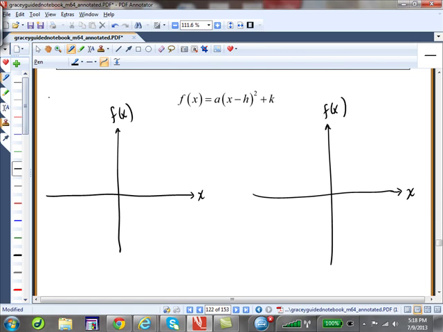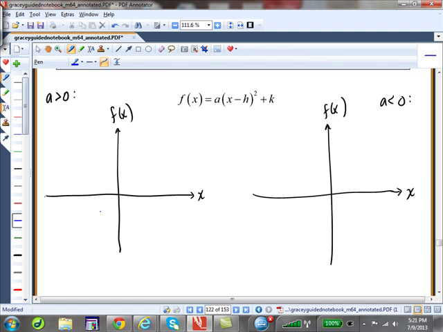Okay, so this case is going to be when a is greater than 0, and this case over here will be when a is less than 0. A general picture. So if you have a positive parabola, it's going to open upward.